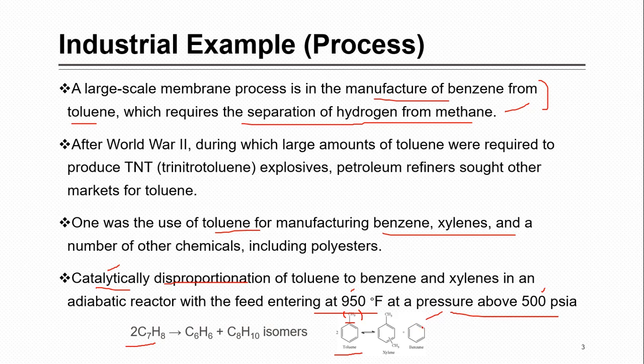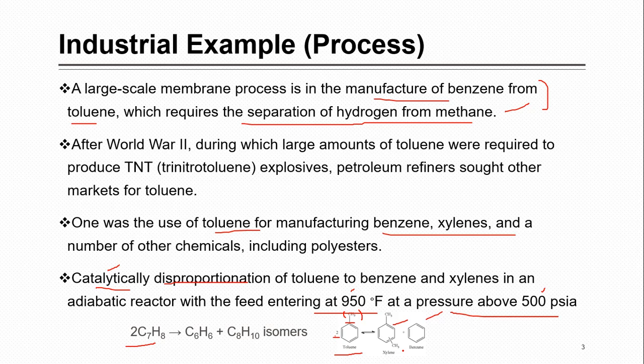So we can get benzene, and the methyl group which is detached from here can be attached to the other toluene molecule, because there are two molecules. From one, the group leaves and is attached to the other, so we get benzene and at the same time xylene.